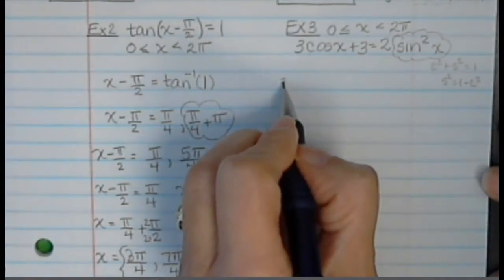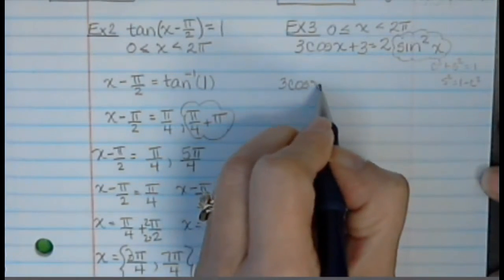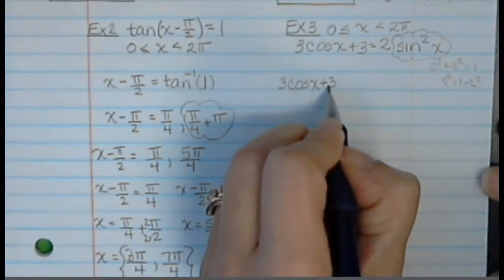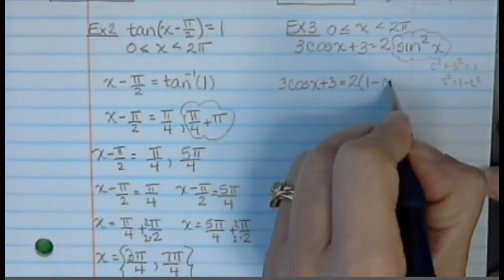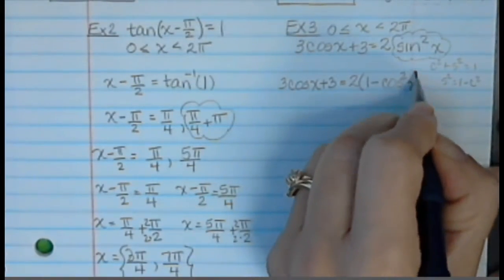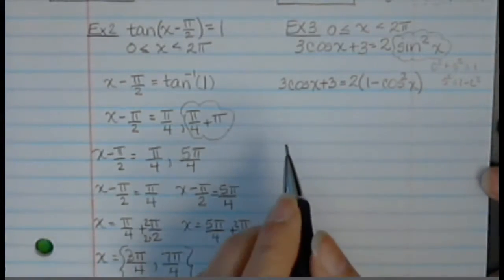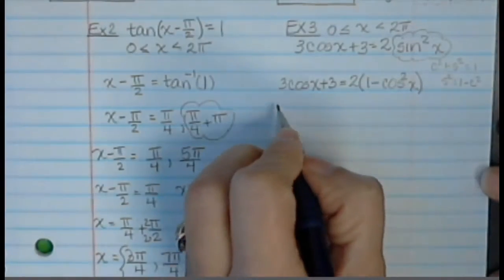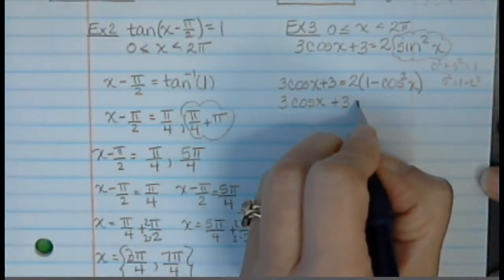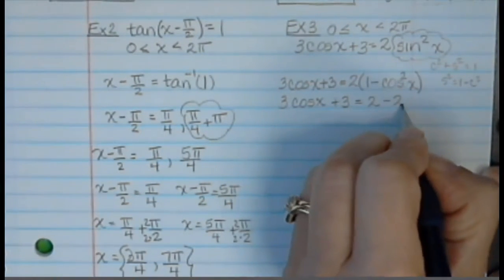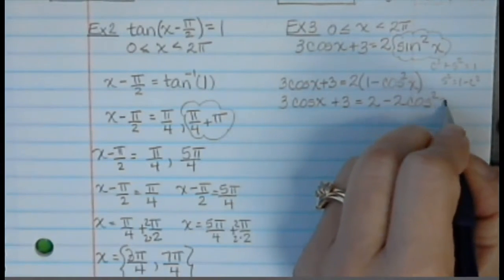So this now becomes 3 cosine of x plus 3 is equal to 2 times 1 minus cosine squared of x. I'm going to use the distributive property, get rid of parentheses, and see what we can get. I have 3 cosine of x plus 3 is equal to 2 minus 2 cosine squared of x.